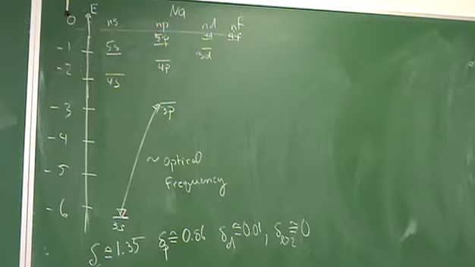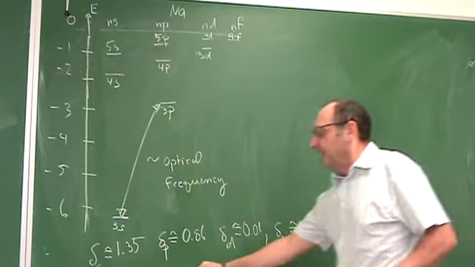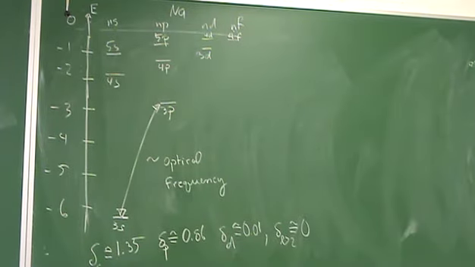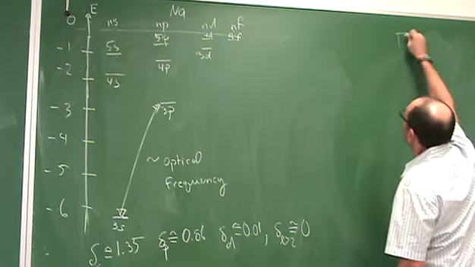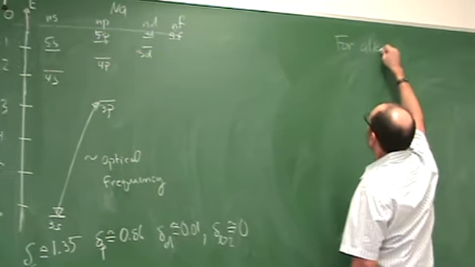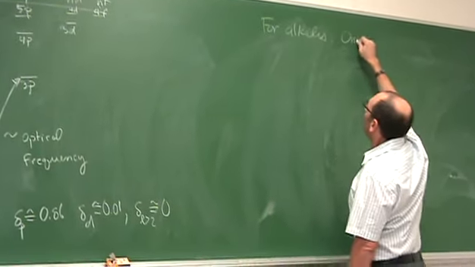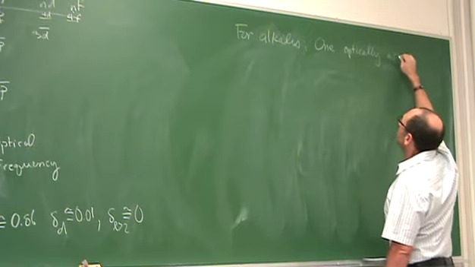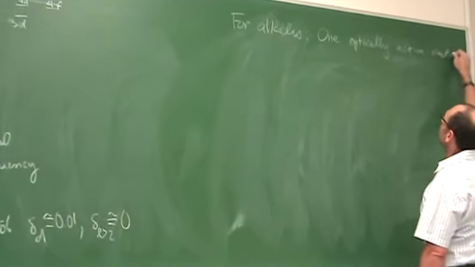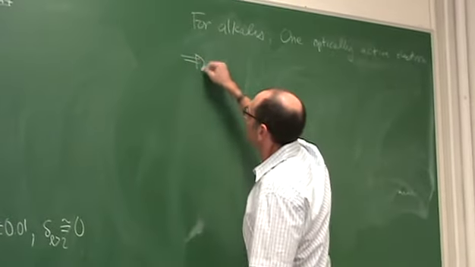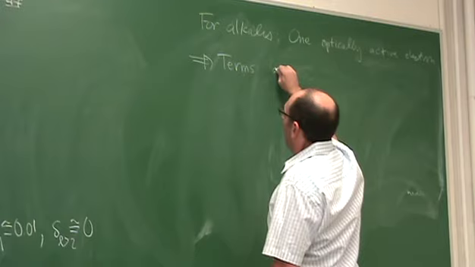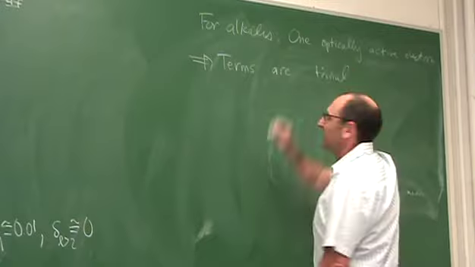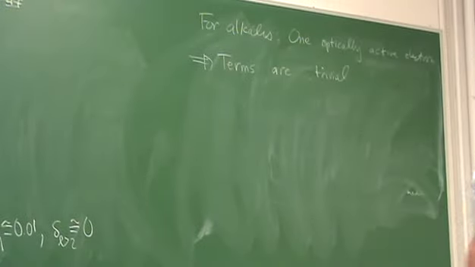So, furthermore, to just get a handle on all the notation, for the case of the alkalis, we have one optically active electron, which means that the term structure is trivial. It also means that the notation is confusing. What do I mean by this?